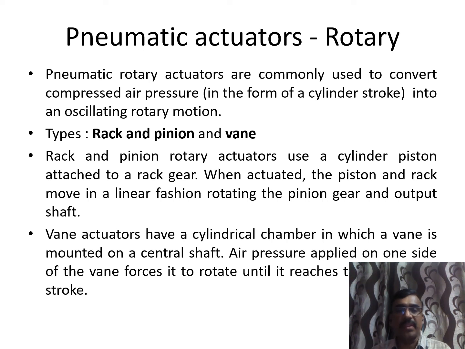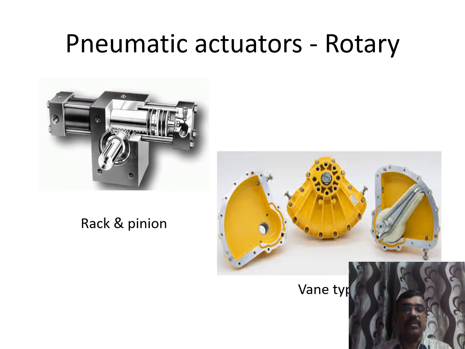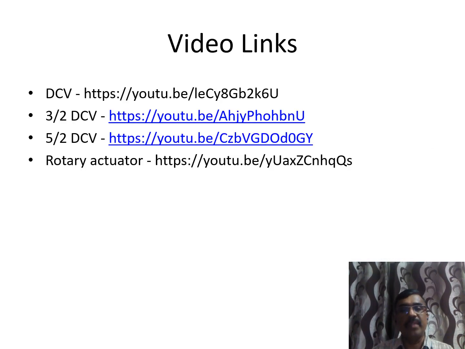Vane actuators have a cylindrical chamber in which a vane is mounted on a central shaft. The air pressure is applied on one side of the vane and forces it to rotate until it reaches the stop. Here it is given as a roller, and here as a vane. This vane will be attached here. The air pressure will act on this vane and it will start rotating. Thereby the rack and pinion will work.